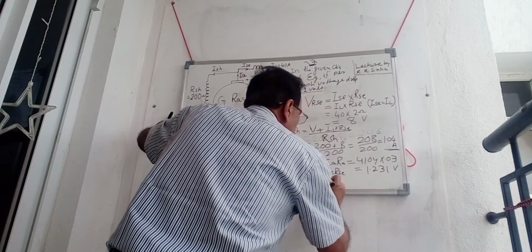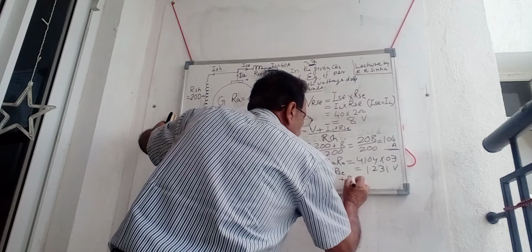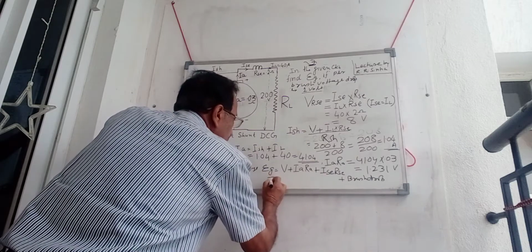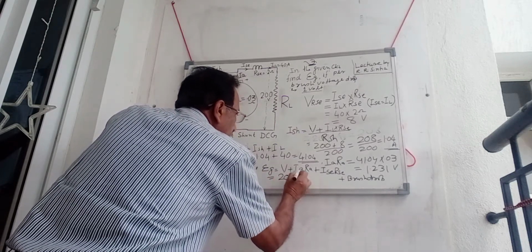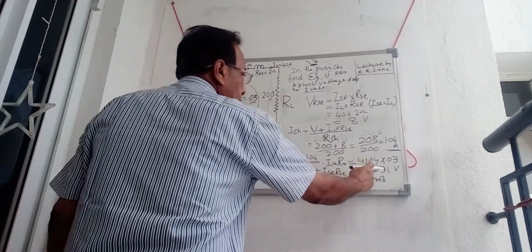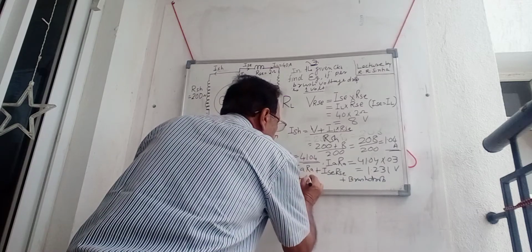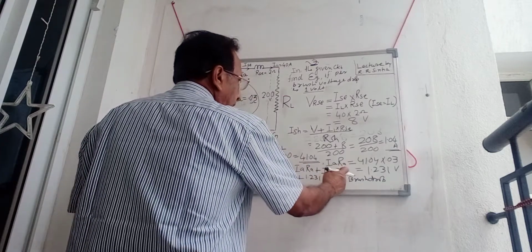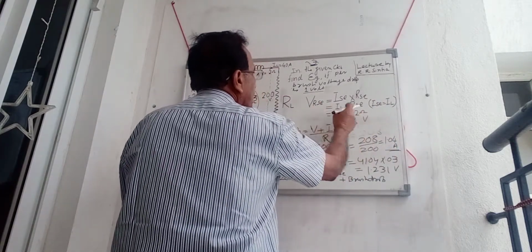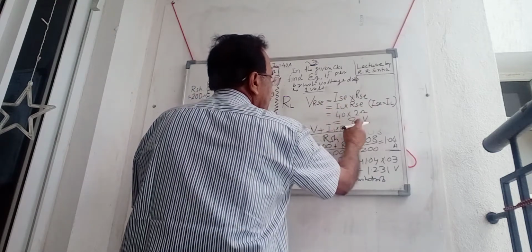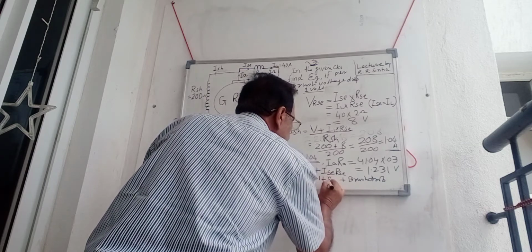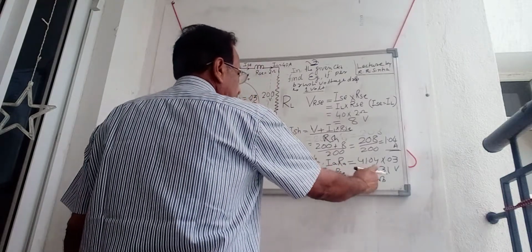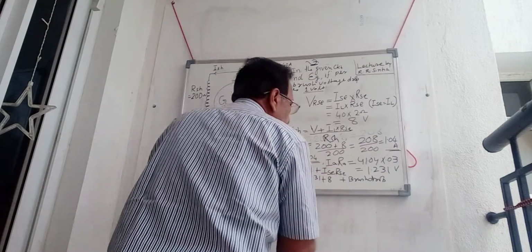Now V is equal to 200, IARA is 1.231, ISERSE is 8 volt, plus the brush voltage drop is 2 volt.